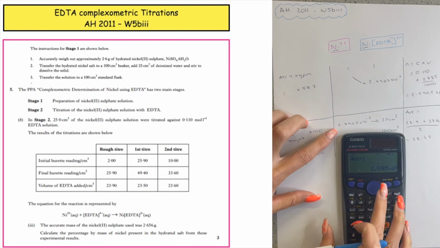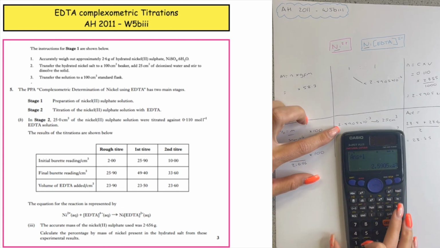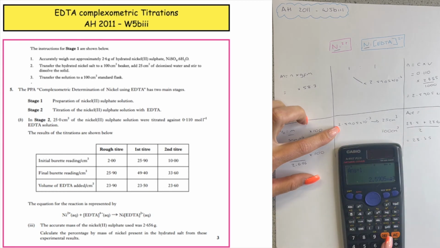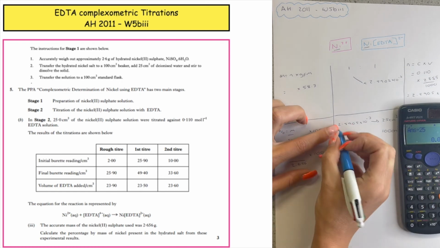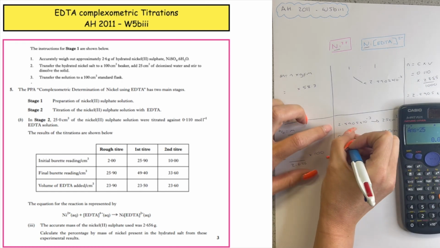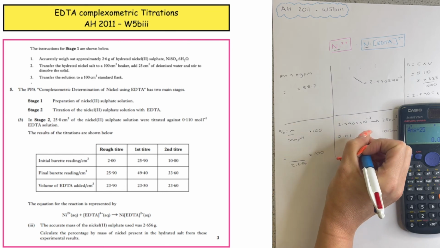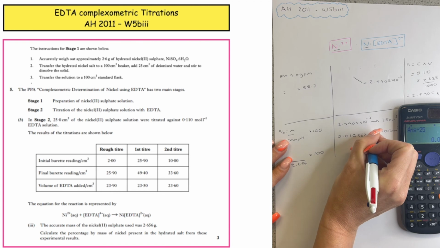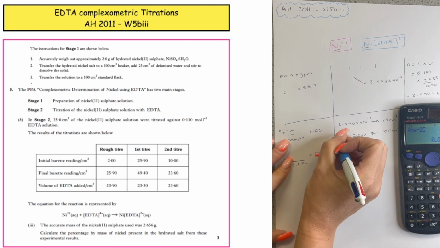So to do that, we would take 2.5905 times 10 to the minus 3, times it by 100, and answer divided by 25 to scale for the number of moles of nickel, which must have been in our standard flask, which is 0.010362, and that's the number of moles that we're going to transfer.